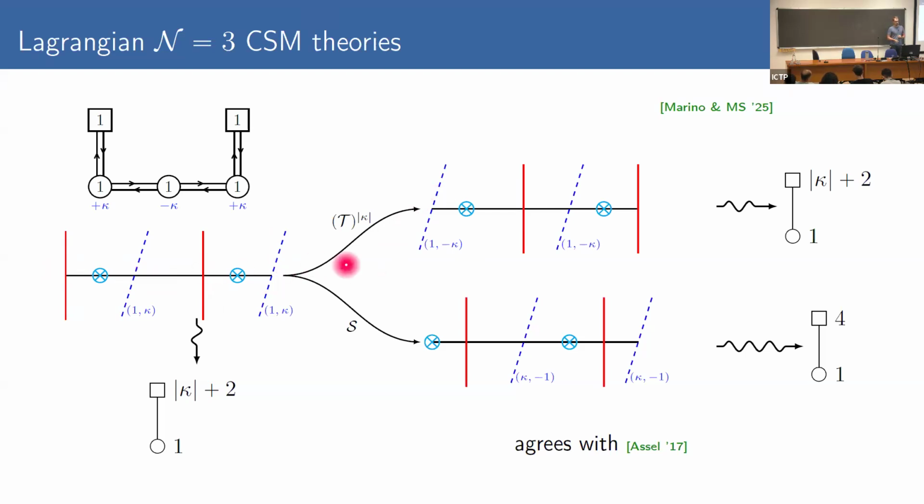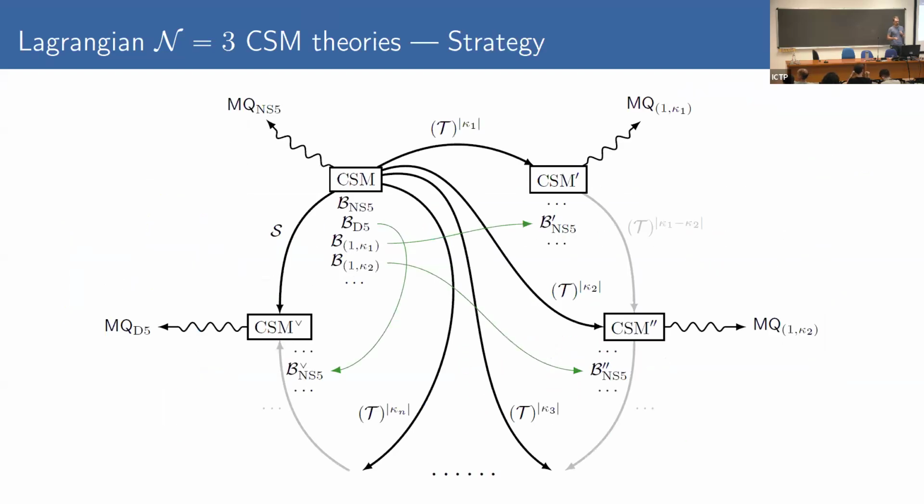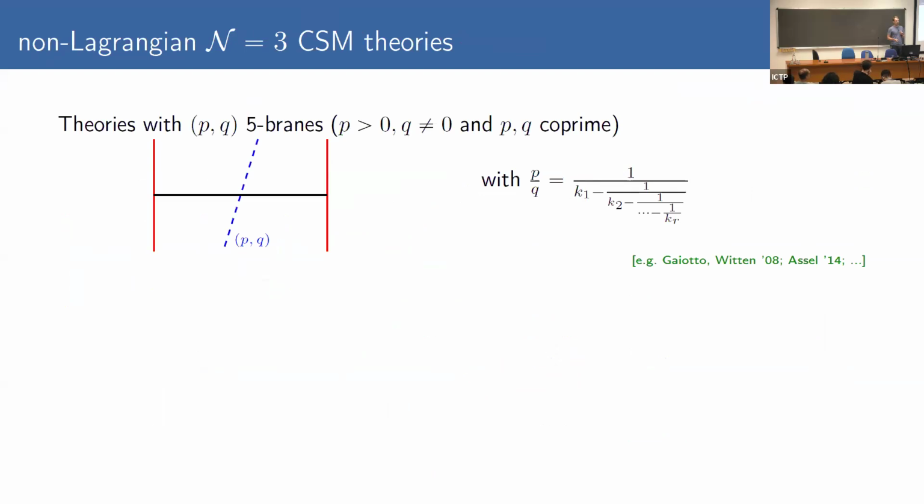But then actually, if you do S duality here, you already secretly see that I encountered a kappa comma 1, a kappa comma minus 1, right? So from the brane system, again, there's no real reason that I should restrict myself to 1 kappa. There's no good reason to do so. And in fact, you can do the same with PQ5 branes, right? So again, there's not much of a difference. You take a PQ5 brane, you have this nice representation in terms of these continued fractions.